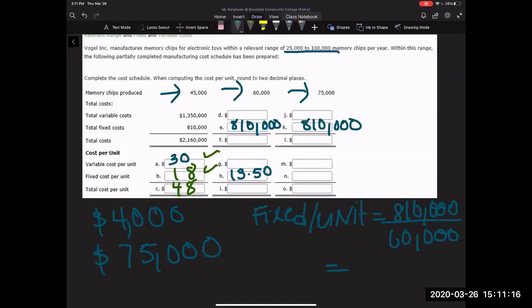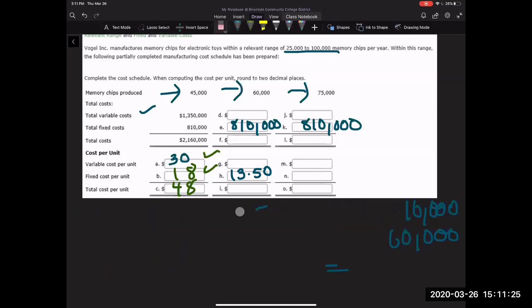We need to figure out what our variable cost is, right? We're trying to figure this out. Now, if we go back and think about our variable costs, there were some very important things that we learned about variable cost as well.